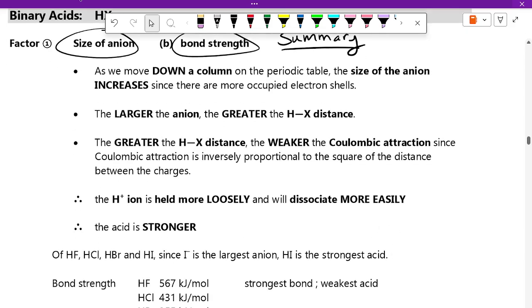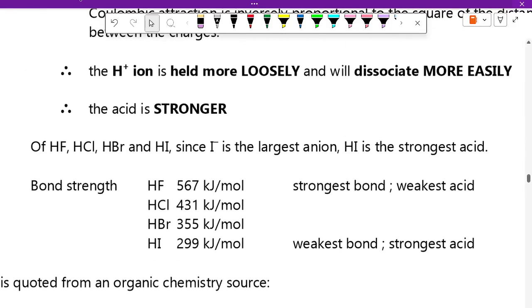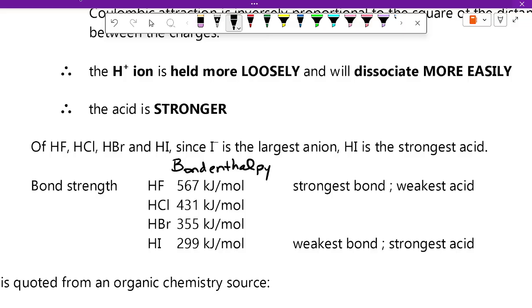Therefore, the hydrogen is held more loosely and will dissociate more easily, and therefore the acid is stronger. And if we look at our bond enthalpies, which bond strength is the strongest? HF. Which bond strength is the weakest? HI.